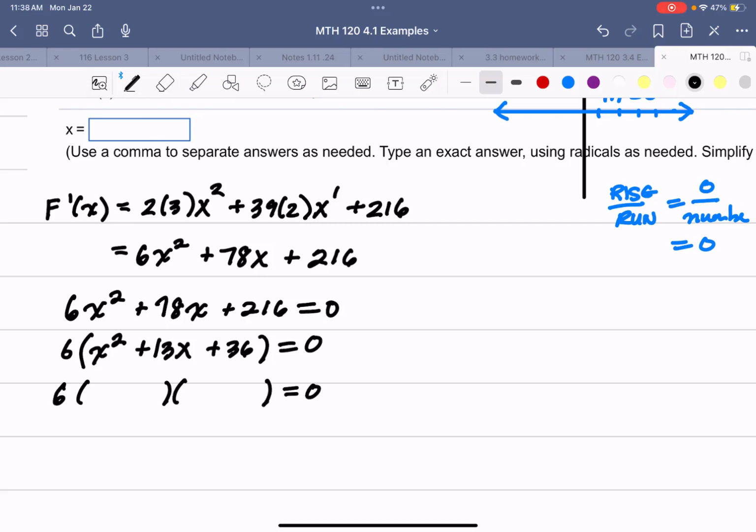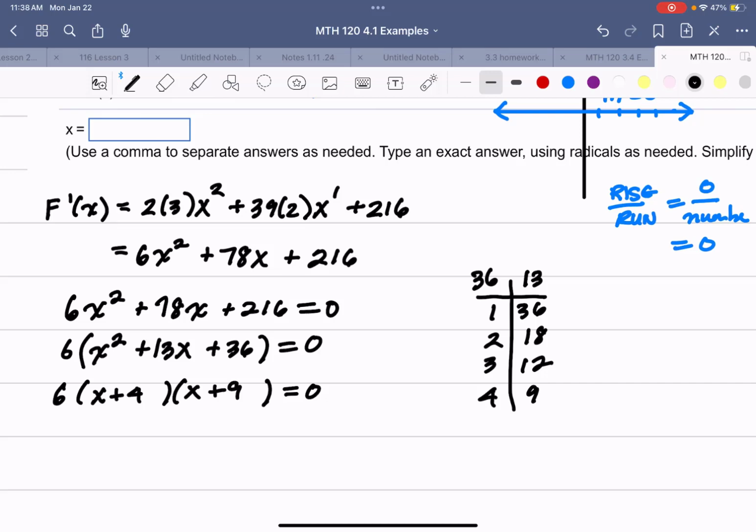And so I'm going to look at the factors of 36 that add up to 13. It's not 1 and 36. It's not 2 and 18. It's not 3 and 12, but it is 4 and 9. So this is 6 times x plus 4 times x plus 9.